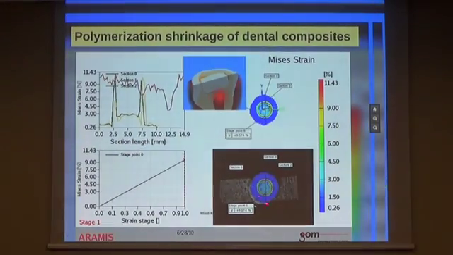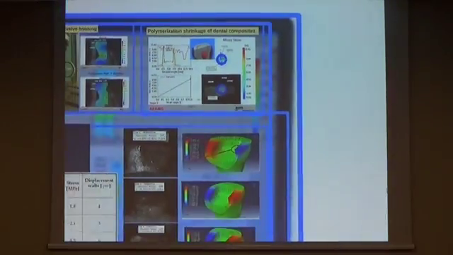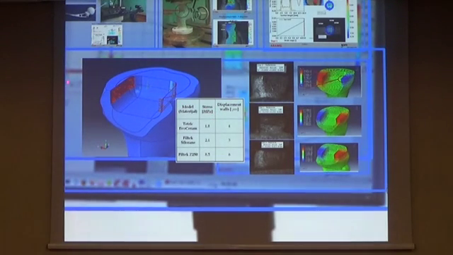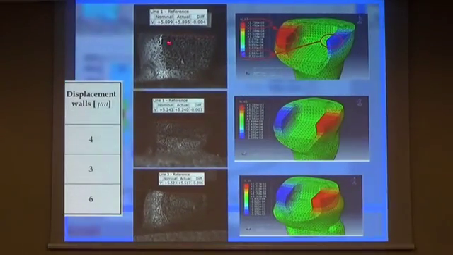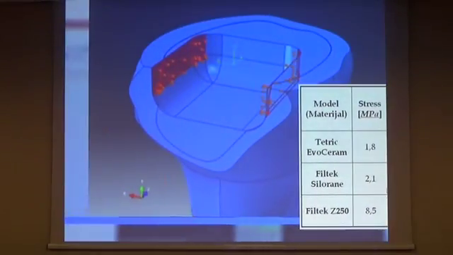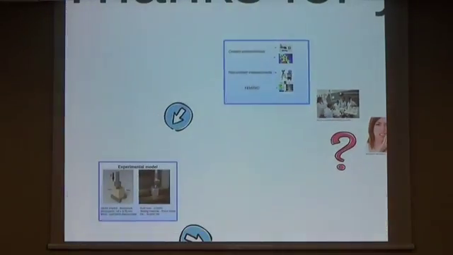So we developed procedures to calculate these strains or shrinkage during the polymerization of these materials, as well as the stresses that shrinkage produces, and to calculate movement of opposite cavity walls in teeth, and using the finite element method we verify this model and calculate stresses for different composite materials.